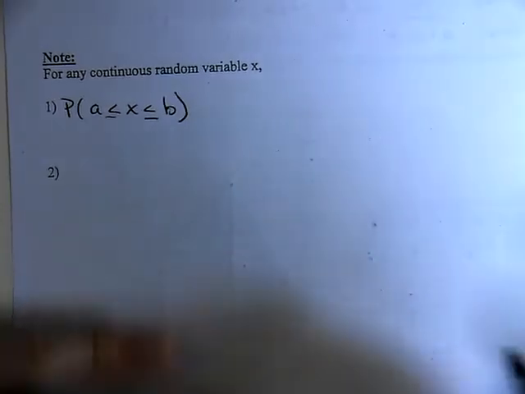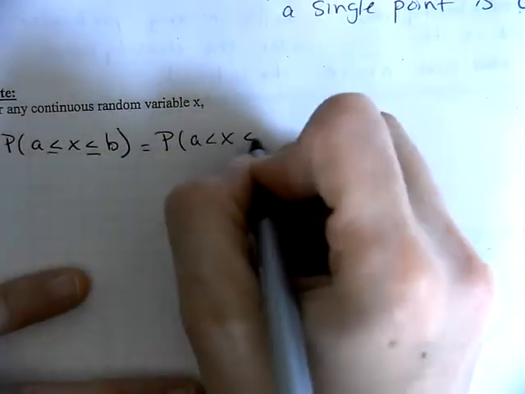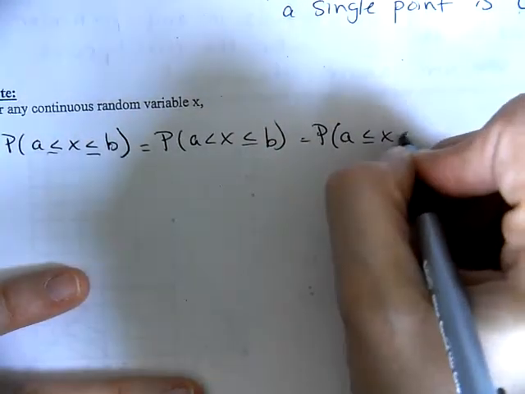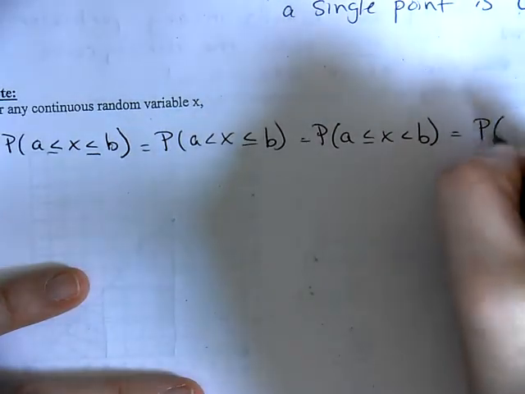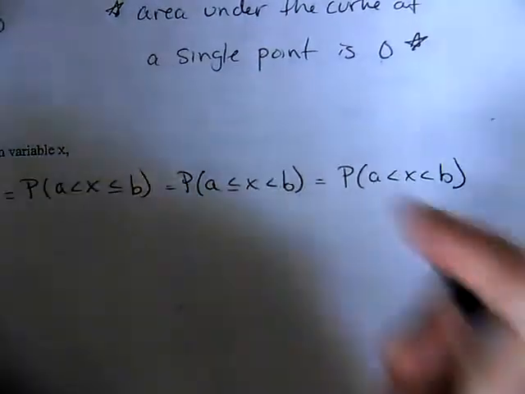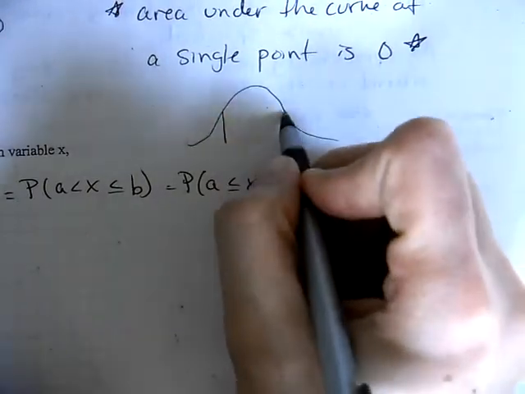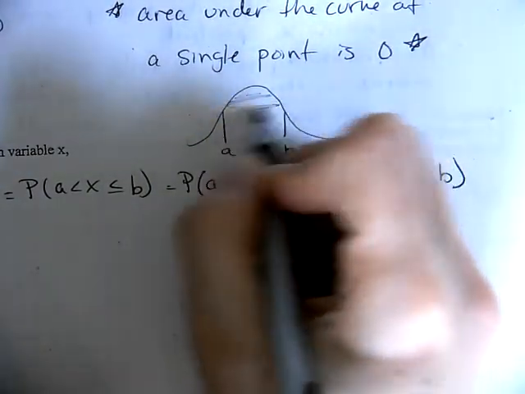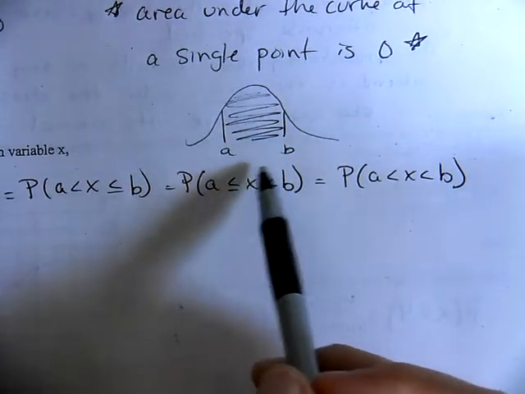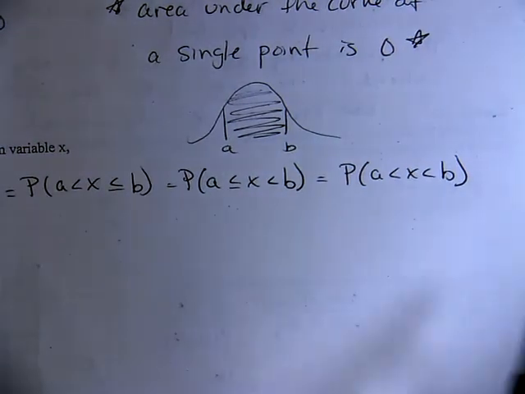So they're all the same. If you're trying to find the area between A and B, it doesn't matter if it specifies less than or equal to. It's all the same for continuous. For discrete, these are all very different.